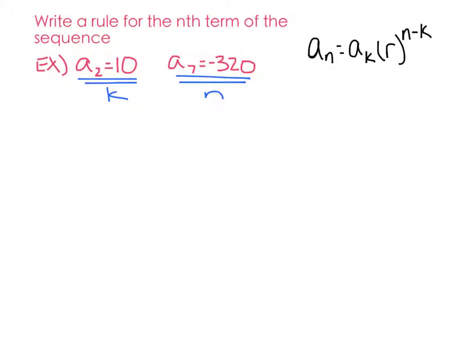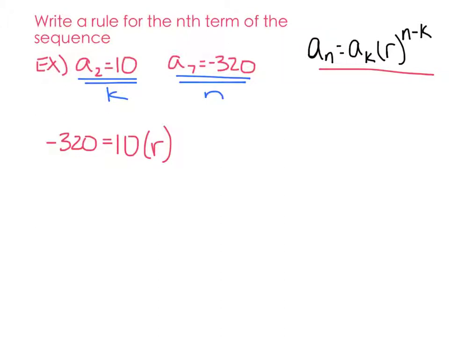Okay, so if I'm using this a sub 7 equals negative 320 for my n, what would a sub n equal? Negative 320, that's right. And what would a sub k equal, to fill in this formula over here? 10. Now, I was not given r to the n minus k.